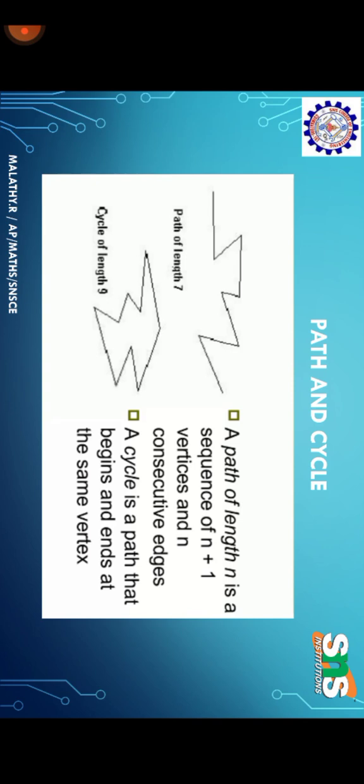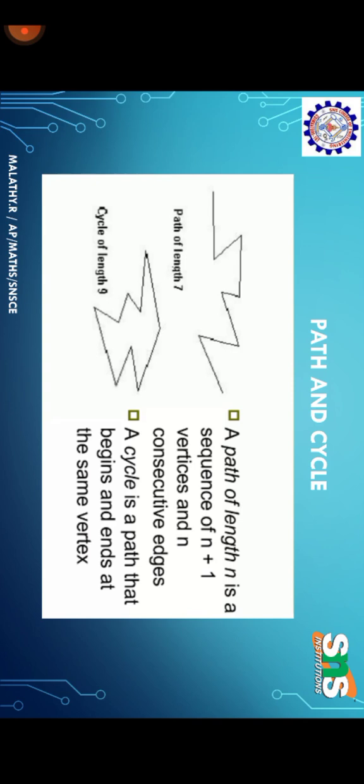In the same way, a cycle is a path that begins and ends at the same vertex. We all know that if we have any path, it doesn't need to end at the starting point. But a cycle is always a rotation, so it always starts and ends with the same vertex. So these are path and cycle.